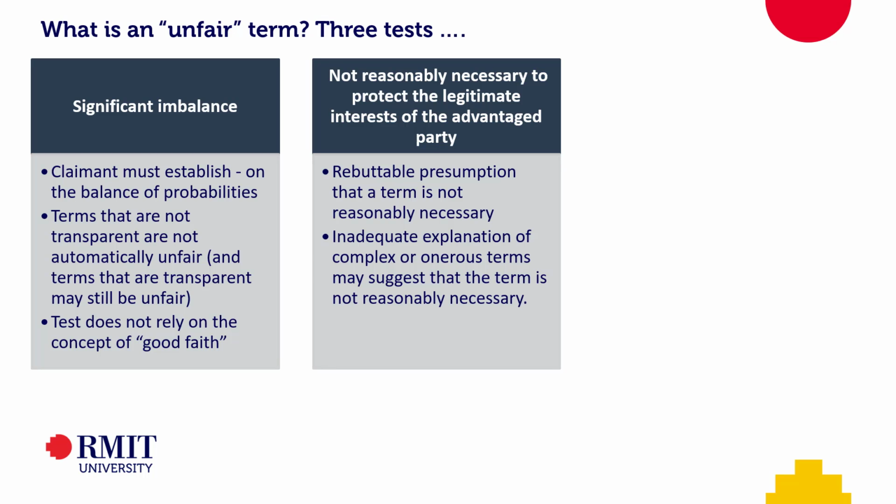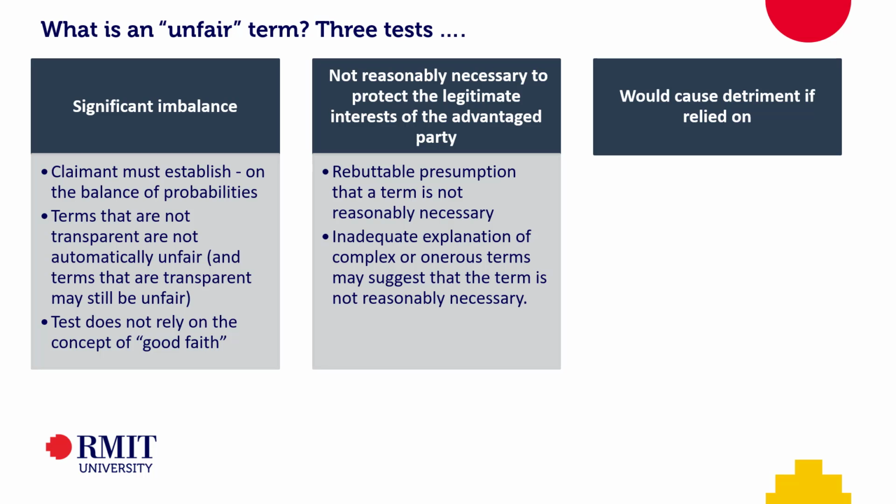So there's a rebuttable presumption that the term is not reasonably necessary, and once the action is up, it is then up to your internet service provider, your electricity company, whoever it is who you're arguing with to prove that they reasonably necessarily need that term. An inadequate explanation of complex or onerous terms may suggest that it's not reasonably necessary, but won't necessarily do so, but it might suggest that.